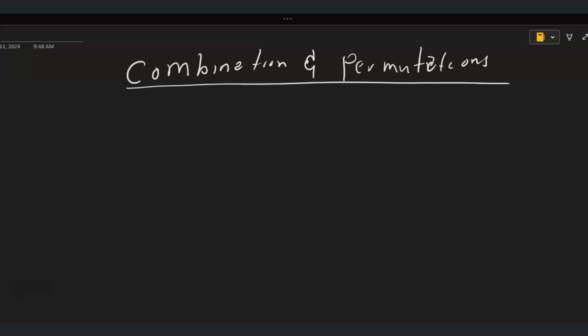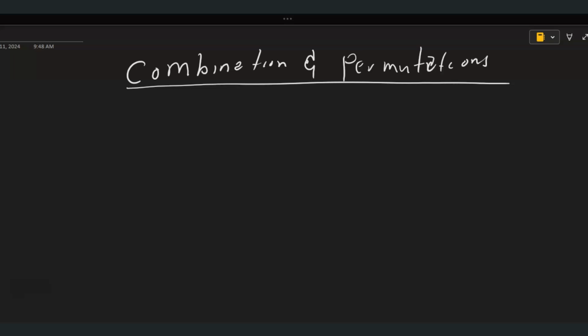But what are these things? What is combination? What is permutation? Contrary to what we know in normal English vocabulary, combinations are ways in which we can select a particular number of items from a group of items.